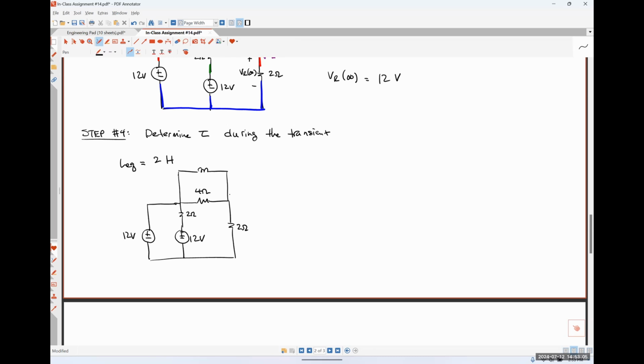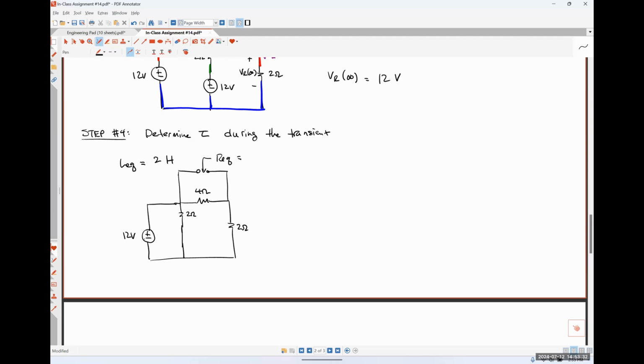When I'm finding REQ, I'm always doing it with respect to the energy storage element, which means I take my inductor out and I'm going to look in through those terminals to find REQ. And I also need to be looking at a dead network, which means I turn off my 12-volt sources by replacing them with short circuits.